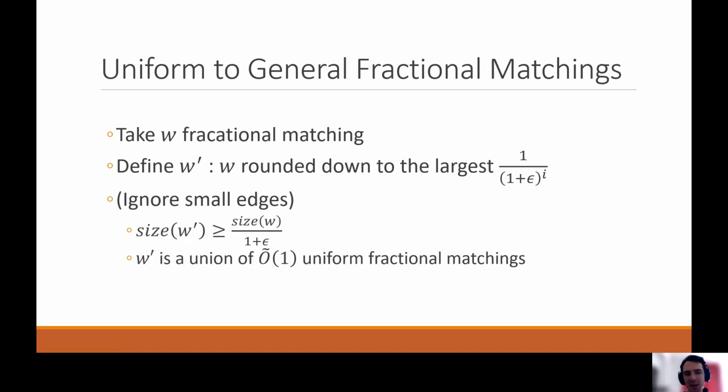This way, each edge will lose at most some epsilon fraction of its weight. On the other hand, we will be able to sort the edges into some log n over epsilon different weight categories. And this allows us to consider uniform fractional matchings.